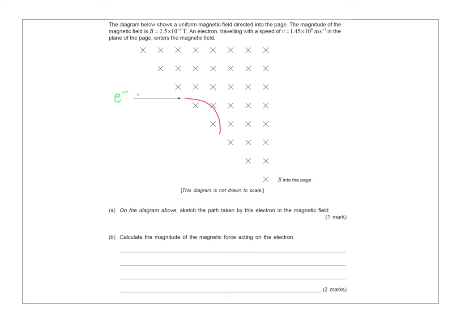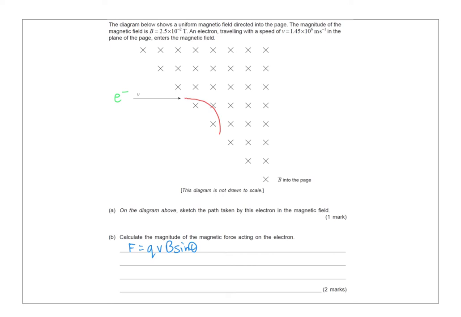So we would go using that relationship we just talked about. F equals Q, and this is on your formula sheet, B sine theta. It's perpendicular because it's in the plane of the page, and the magnetic field is directed into the page.